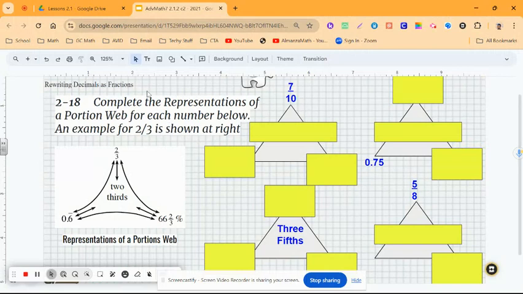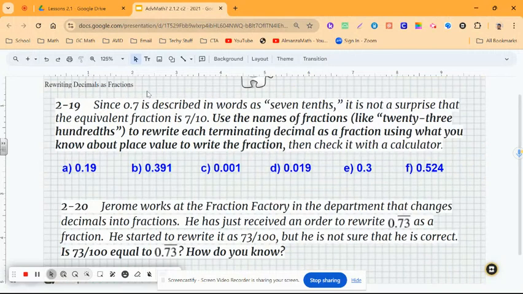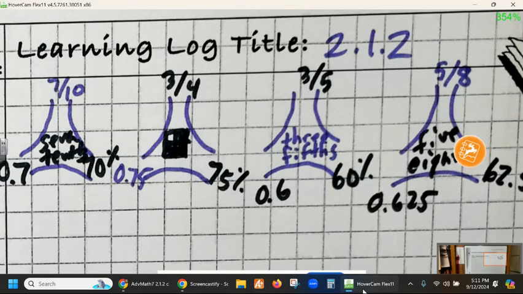Now let's move to the next problem. Since 0.7 is described in words as 7/10, it's not a surprise that the equivalent fraction is 7 over 10. So use the names of the fractions like 23/100ths to rewrite each terminating decimal as a fraction using what we know about place value. Okay, so look at these. You should have a good idea of what they might look like.